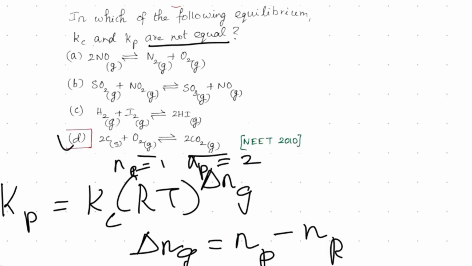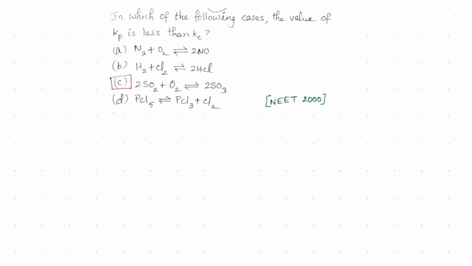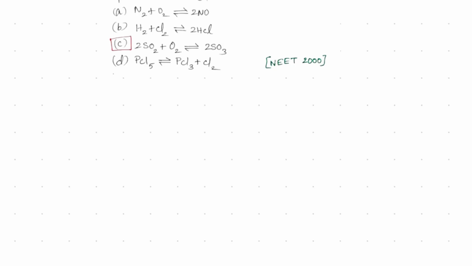Now, coming to the next question. In which of the following cases is the value of Kp less than Kc? Again, take the same expression: Kp is equal to Kc into RT power delta Ng. What is the question?